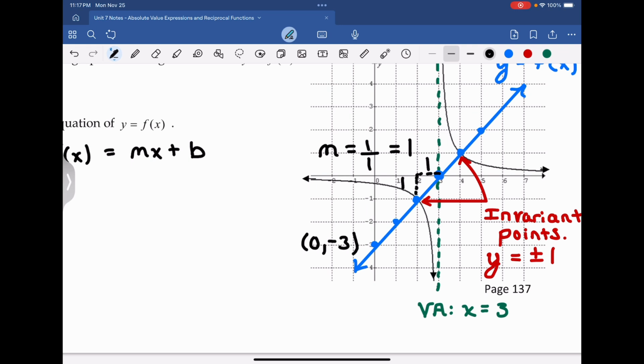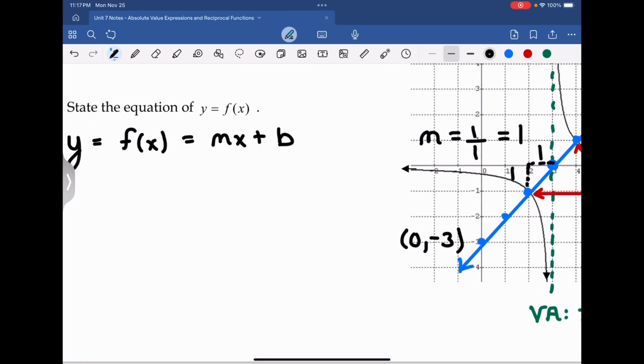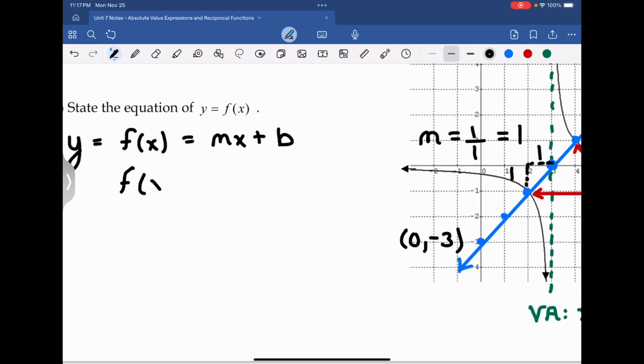So my equation is therefore going to become f of x is equal to 1 for the slope, 1 times x is just x, minus 3 because that's our y-intercept, and this becomes the equation here.